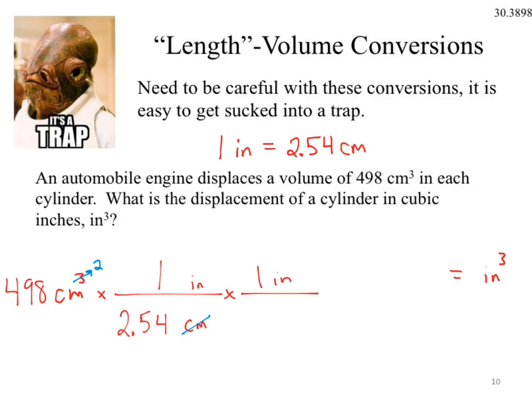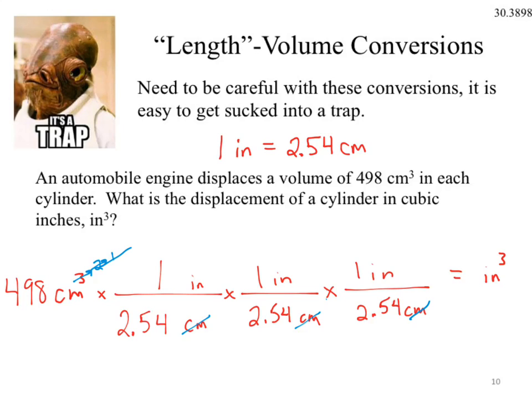I can do the calculation again. Now what happens? Centimeter cancels, and I get rid of yet another centimeter. What would my units then again be? Square inches times centimeters. Is that cubic inches? Still no. So I have to do the calculation again and cancel the last one.